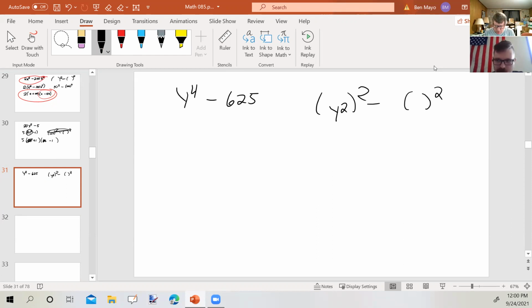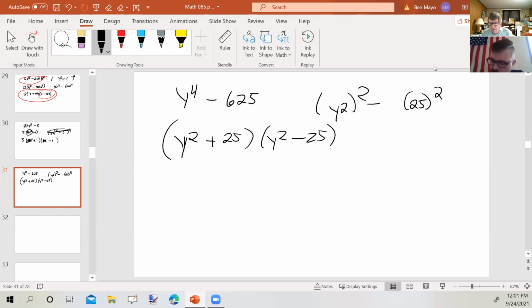If you're not sure, tell you what, do the square root on your calculator. Let's see. The square root of 625 is, oh, it's 25. Yeah, 25 times 25. So be careful. So I'm going to get y squared plus 25, y squared minus 25.